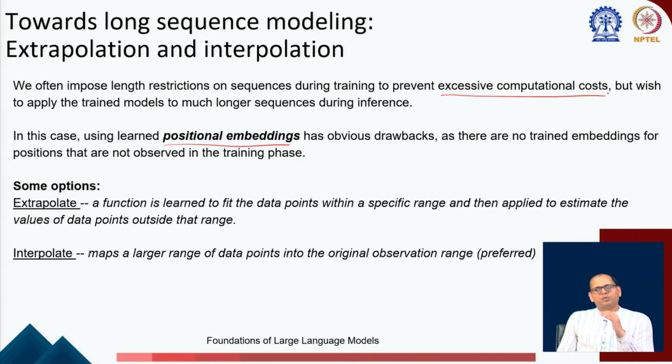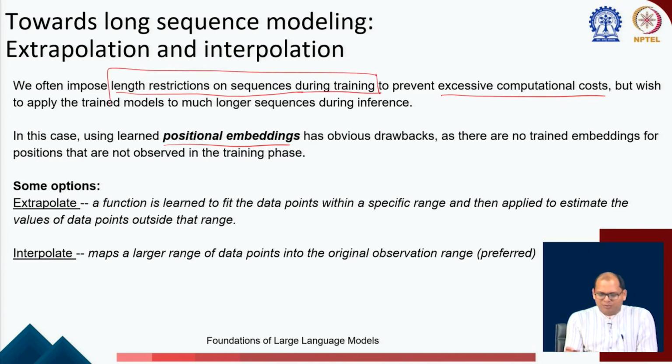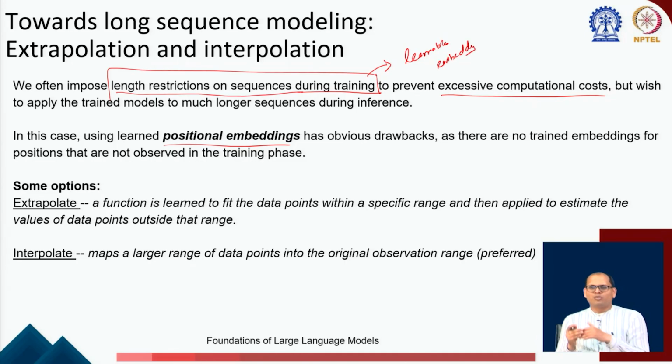But what happens, remember we talked about sinusoidal embeddings, we also talked about learnable embeddings. So if I put some length restriction on the sequences during training, and I am using learnable embeddings, what will happen? I will only learn up to a certain position, say 1024, but I cannot extend it beyond that position because I have not learned that during training.